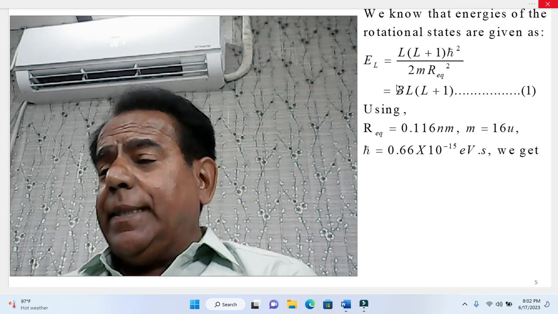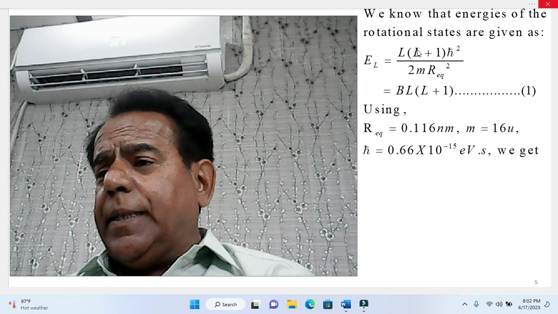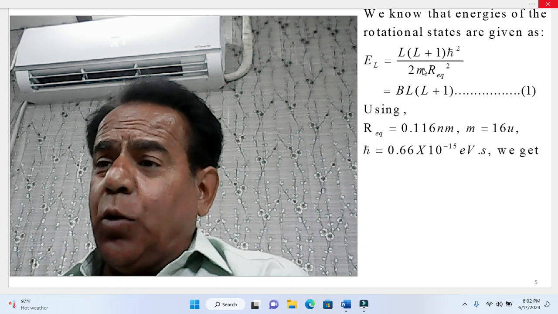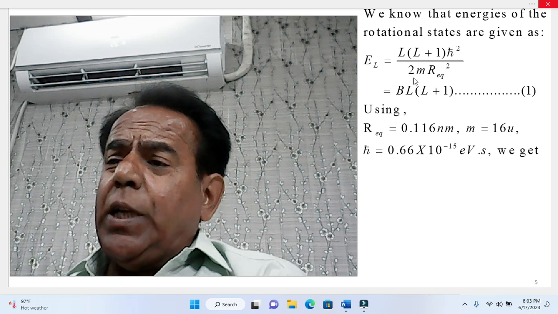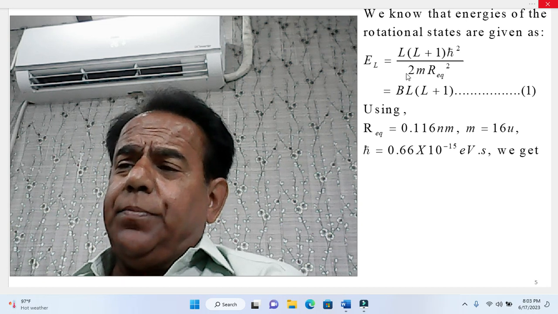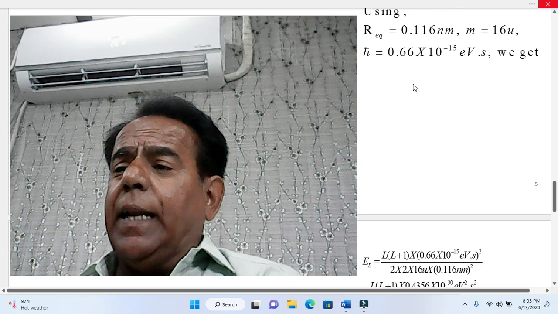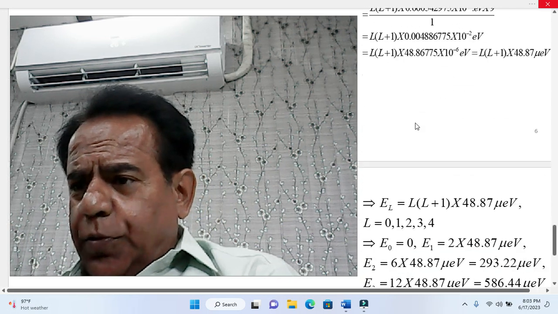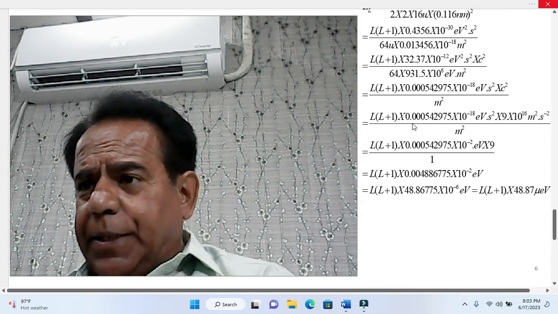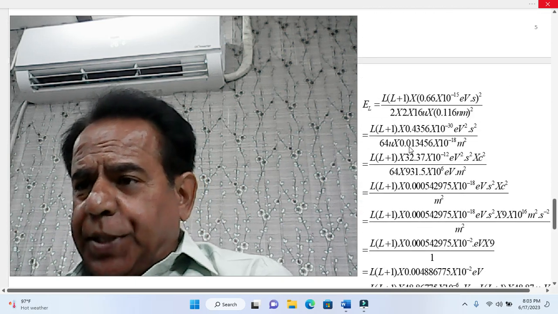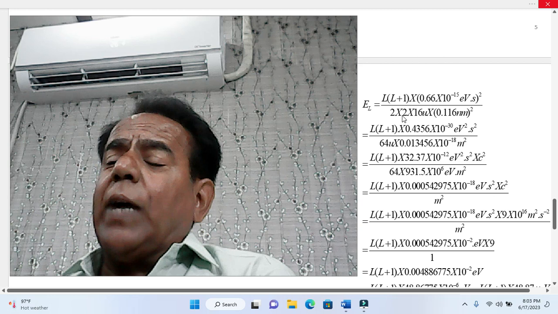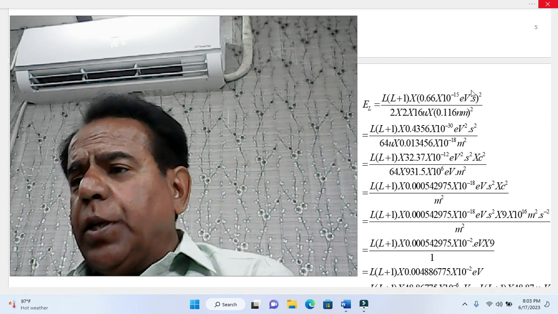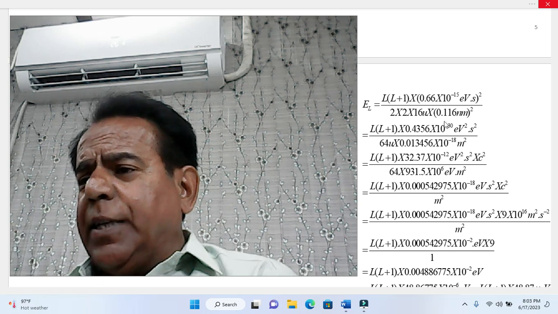Dear students, this point is very important, that the expression which we are following contains only one 2, while in our solution portion 2 appears twice, 2 into 16u into R equilibrium square.